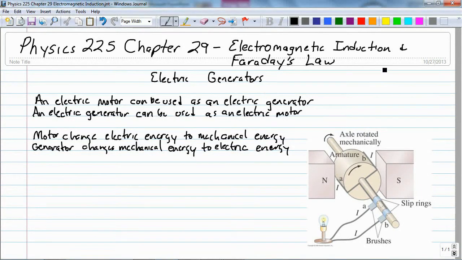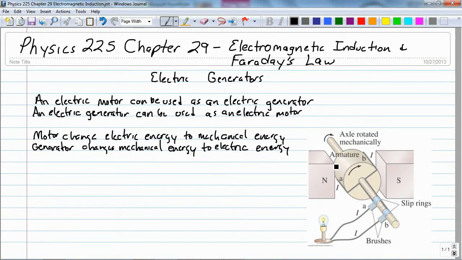So let's look at how this generator works. First of all, this is not a real representation of exactly how a motor is designed. There are some simplifications here.